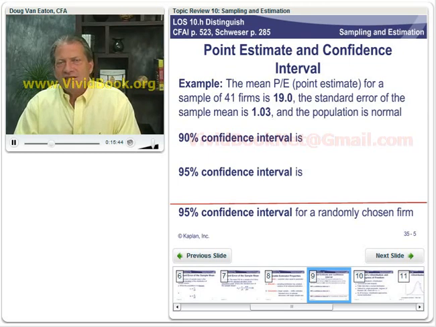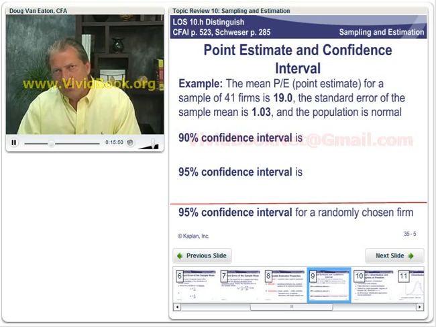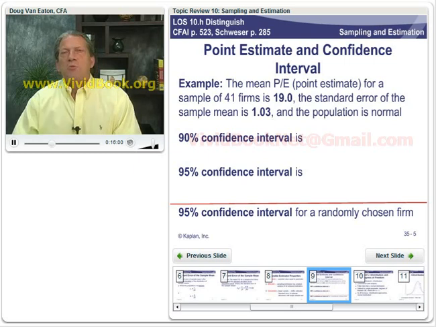And that's 19. That's our point estimate. But we need to use the standard error because we don't know if that's the true one or not. That's our sample estimate. So we need to look at the standard error of the sample mean in order to make some probabilistic statement about where the true mean lies.